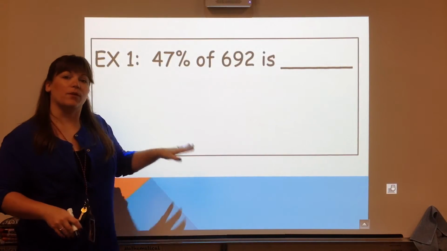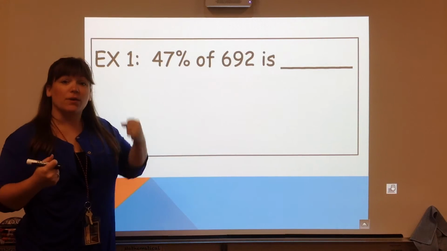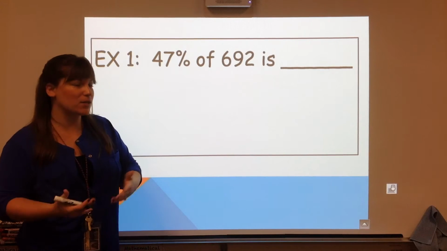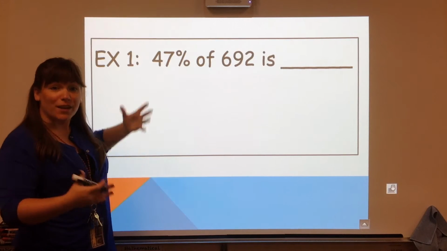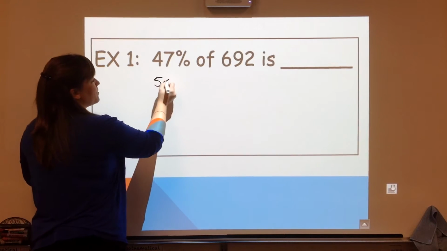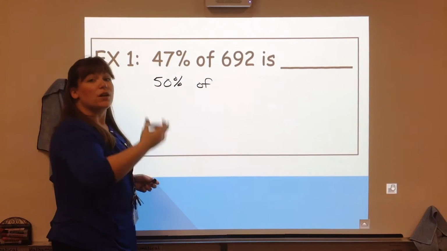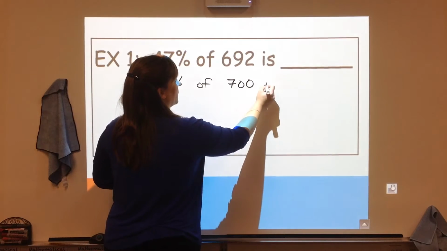So this is the example underneath. Just like we said in the beginning, we have to change these numbers so that they are compatible or friendly with each other. So I'm going to change this percent to the nearest 10%, so that is 50%, and I'm going to change 692 to the nearest 100, which is 700.